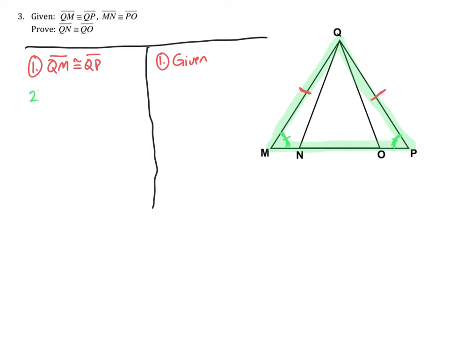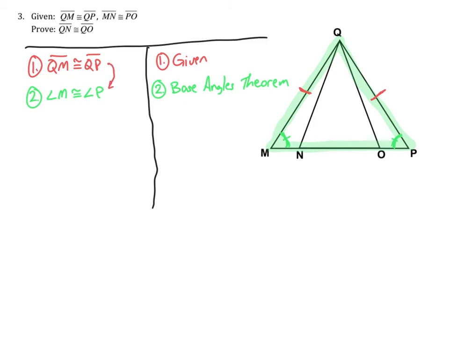So statement 2, I'm going to say angle M is congruent to angle P. And that reason is the base angles theorem. And that was a direct result from our original given statement.